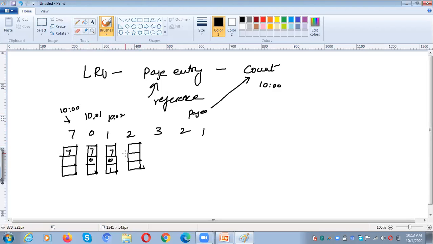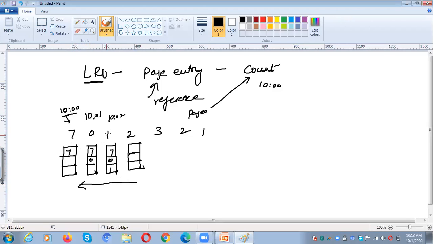Which one do I have to select among 7, 0, 1? If it is LRU, which one do I need to select? 7, ma'am. How can you say that it is 7? 7 was used long back.